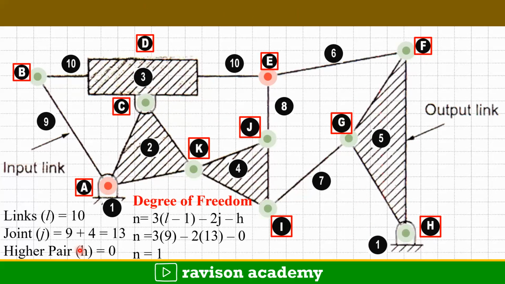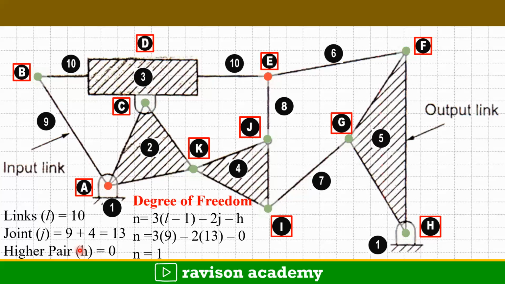Here you have 10 links, 9 binary joints and 2 ternary joints. The ternary joints are highlighted in red. The joint E connects 8, 6 and 10.